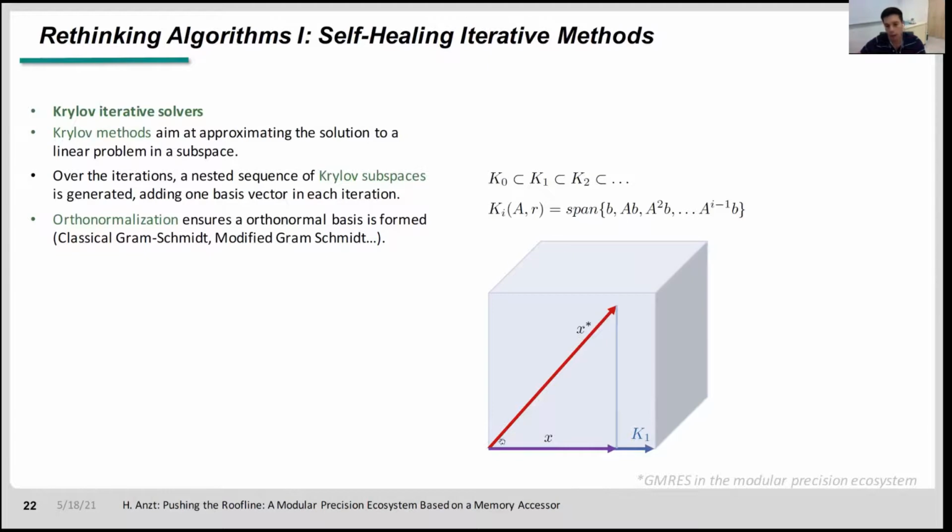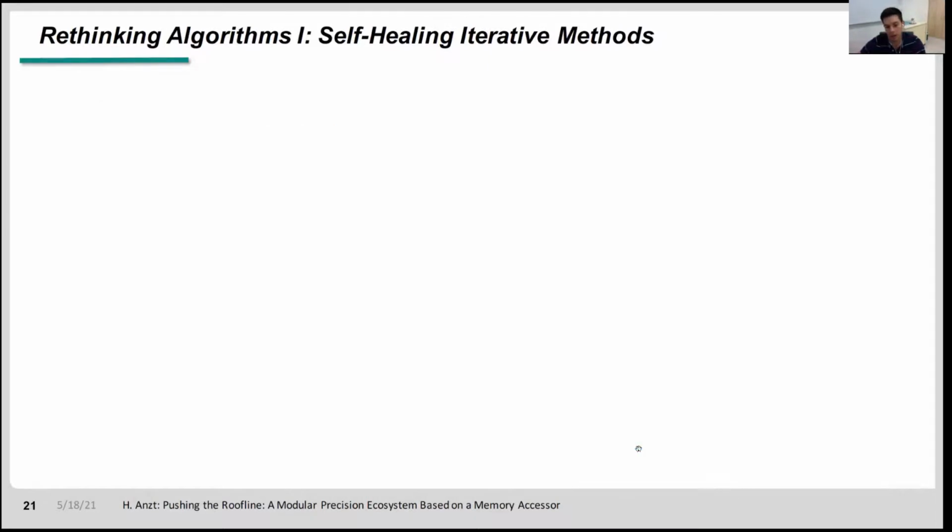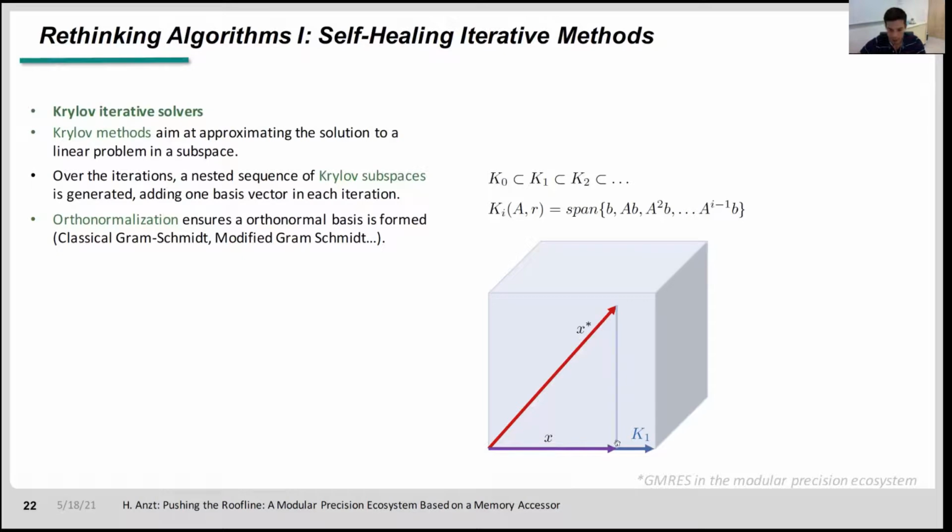Here we have a subspace that has only one dimension, and this is the Krylov vector K1. Then this approximation would be the orthogonal projection into that subspace, and obviously, that is not a very good approximation. Now we can extend that subspace to have two dimensions, and then the solution approximation may be something better.